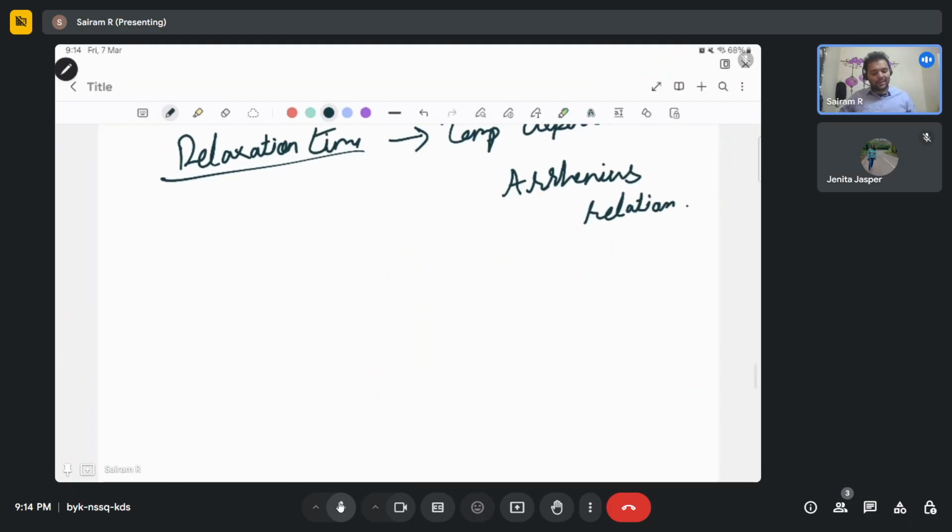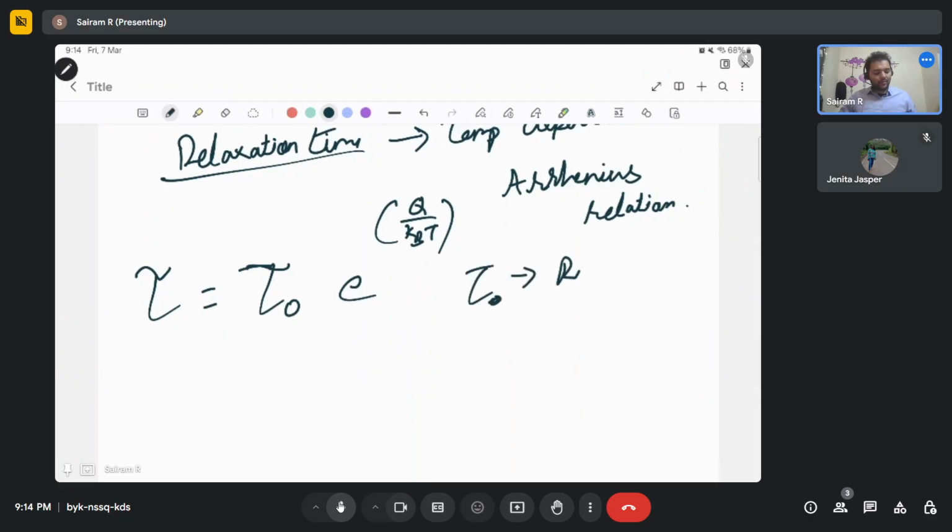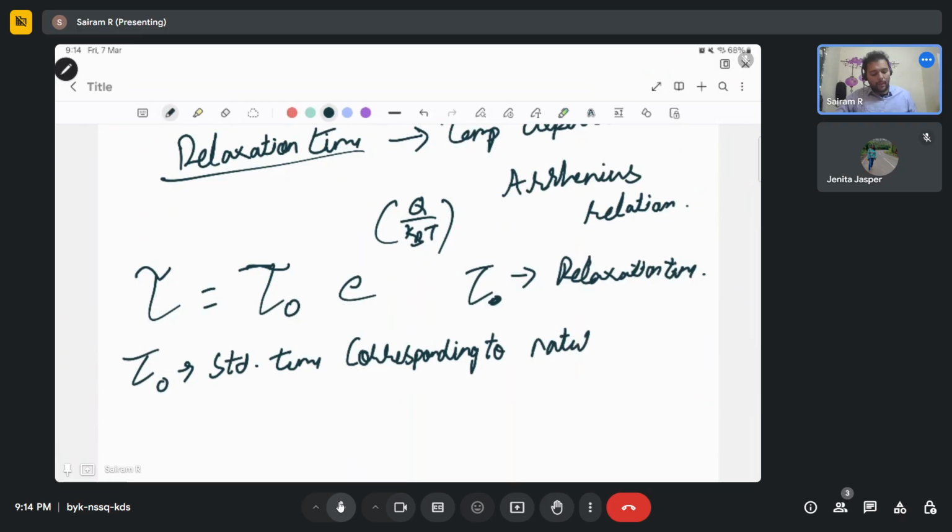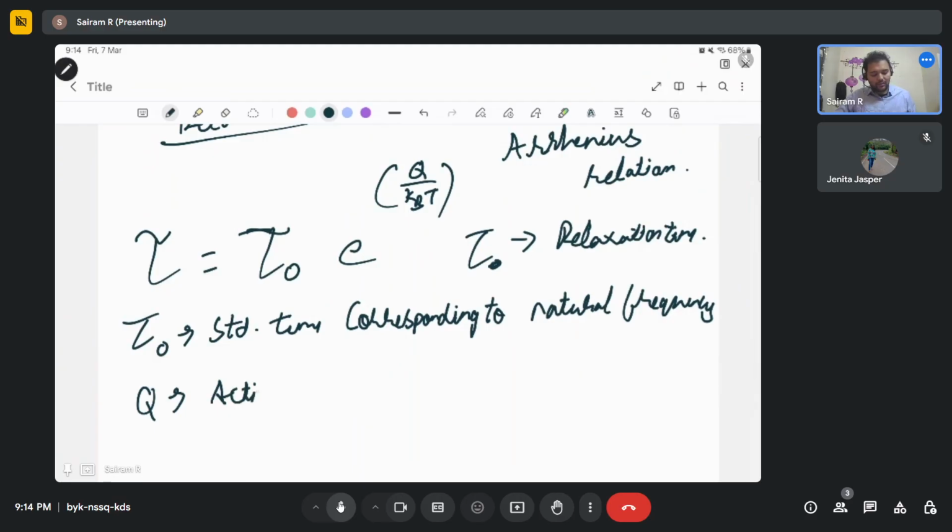We'll have a similar relation for our relaxation time as well, where tau equals tau naught times e to the power Q by kBT, where tau is relaxation time, tau naught is standard time corresponding to natural frequency, Q is activation energy, kB is Boltzmann constant, and T is temperature.